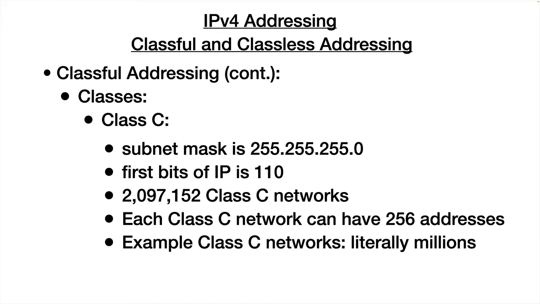As far as examples, there are literally millions of Class C networks. For the longest time in the 90s, you said, hey, I'm a company, I need 10 IPs. They were like, here, have a Class C. Another company calls up, I need 24 IPs. Okay, here, have a Class C, 256 addresses. So as we'll talk about down the road, the original divvying out of Class C networks was very wasteful.